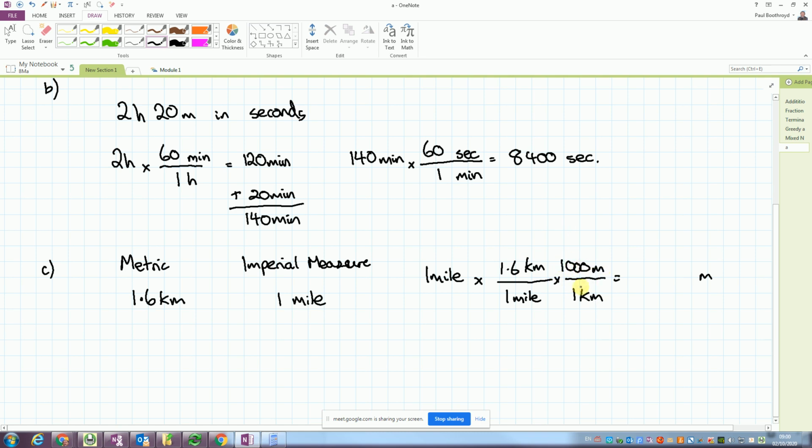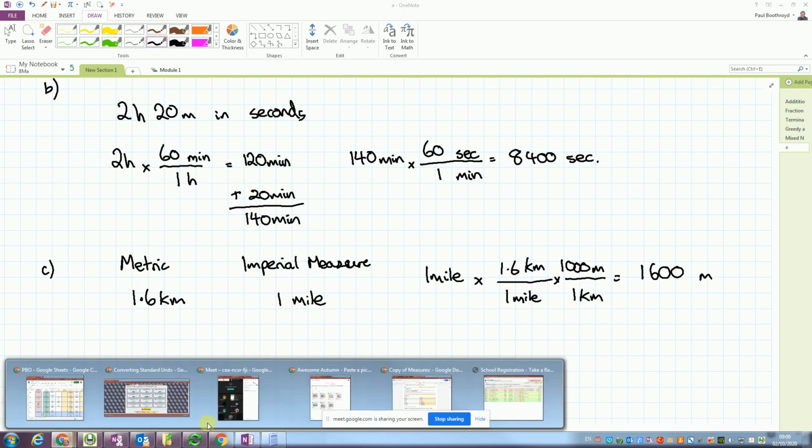Now the reason I like this technique is you just have to remember the basic fact, and it puts the numbers in the right place once you put your labels on. So multiply through, and we got 1 times 1.6 divided by 1, it's 1.6, times 1,000, 1,600 divided by 1 is 1,600 metres. That can go into your lengths as well.